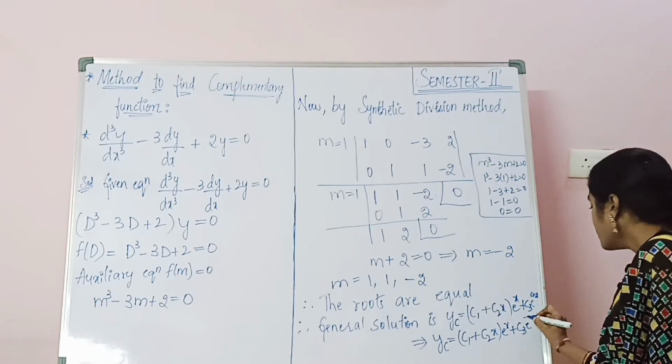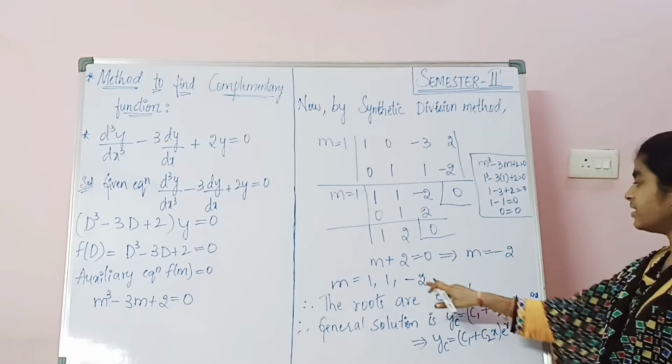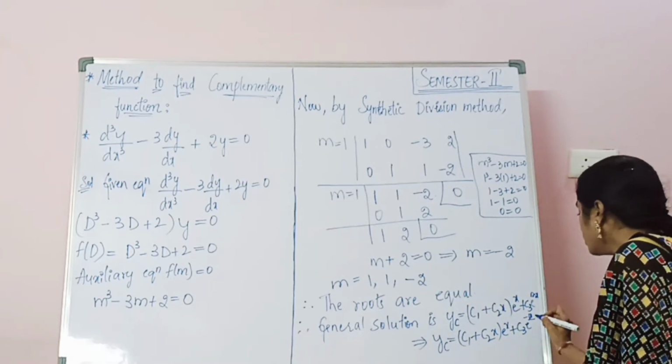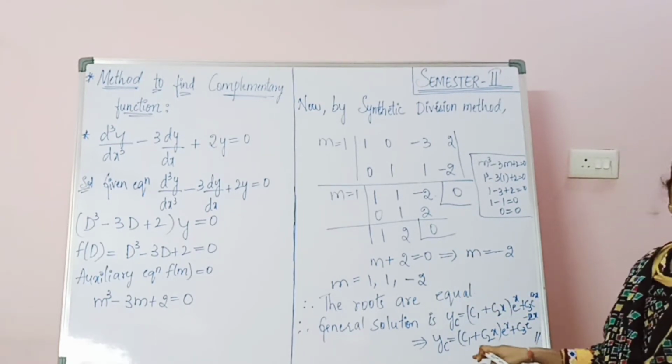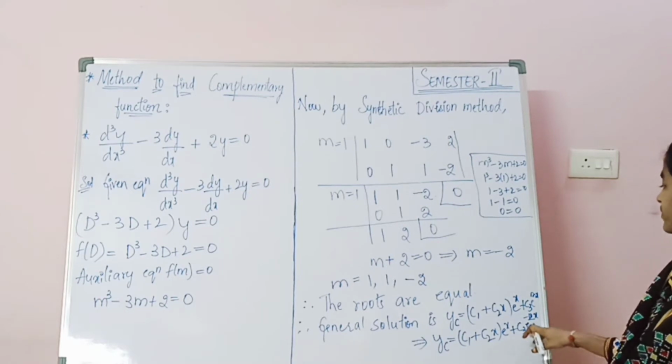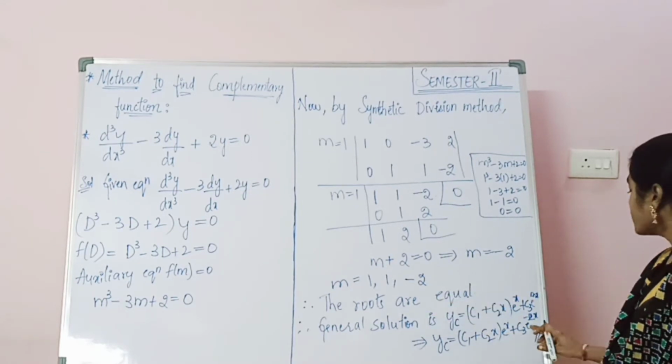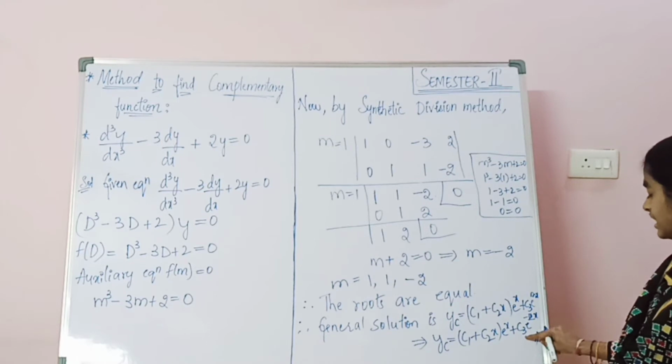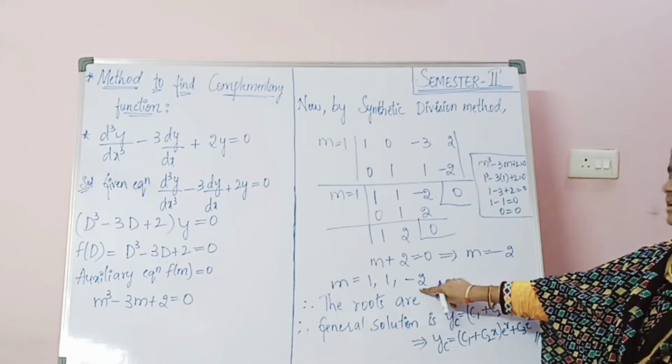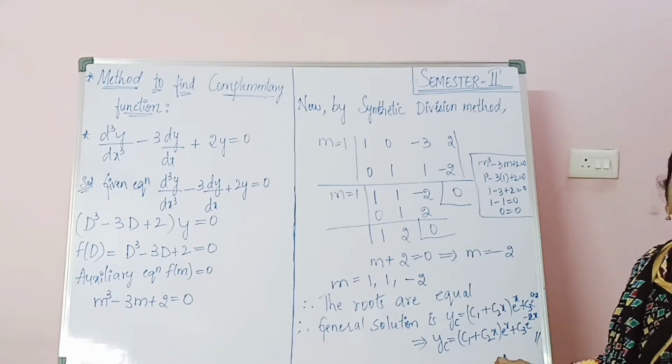Minus 2. Minus 2x. Here both roots are equal. Next, what is the different root here? Minus 2. So c3 into e power minus 2x. This is the solution.